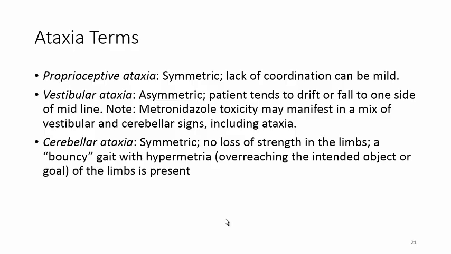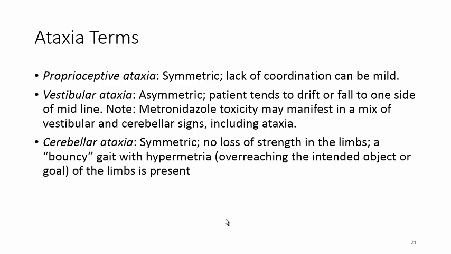So how about ataxia? Because we talk about ataxia a lot in neurological rehabilitation, and I break it down to these three types. Proprioceptive ataxia, which is going to be symmetric. We don't have any coordination, and often this is the first form that we see, and it's going to be quite mild. And then we have the other two, vestibular and cerebellar ataxia.